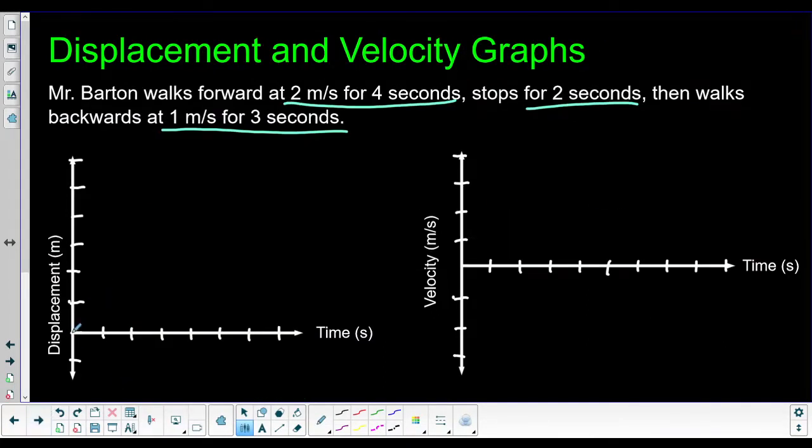So we start at 0. 1 second passes, I go 2 meters. So we're going to have that chunk. Another second passes, I'm already at 2 meters, so I need to go 2 more meters. So we'll be right there. Oh no, this is not anywhere close to tall enough. Let's back up a little bit, if you'll allow me.